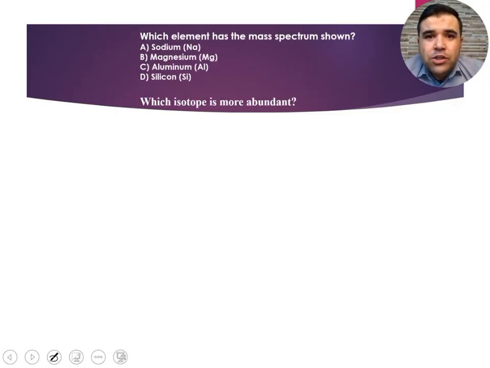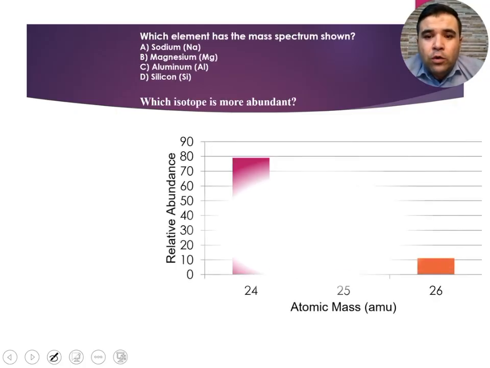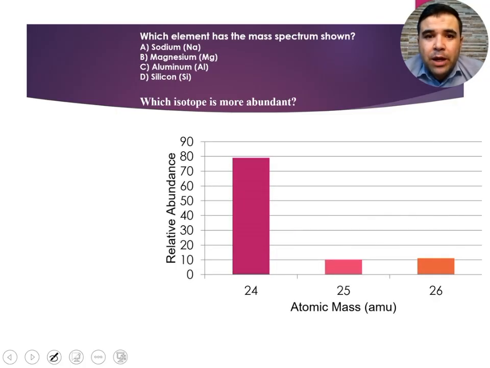Let us answer this question, guys. For the provided spectrum, which is shown, what do you think the element will be? For such types of questions, we should use the periodic table to know what the average atomic mass of those elements will be. But here we'll be calculating the average atomic mass based on the graph which is provided.